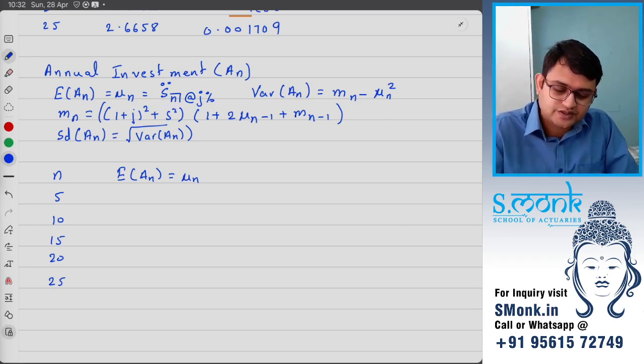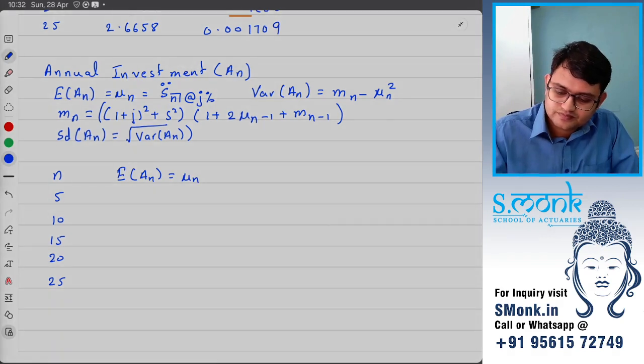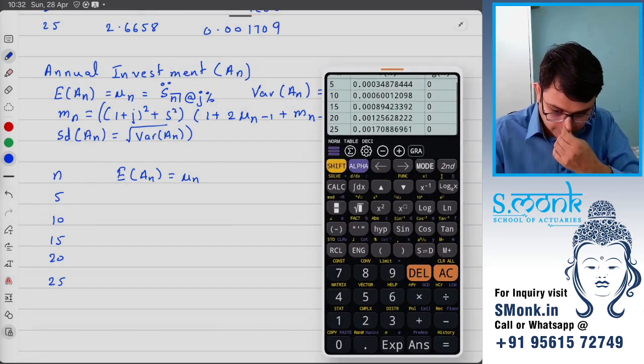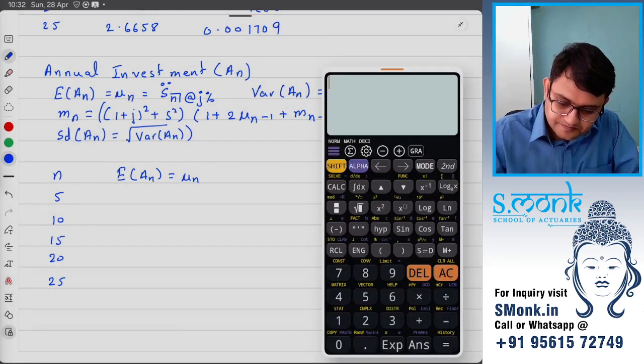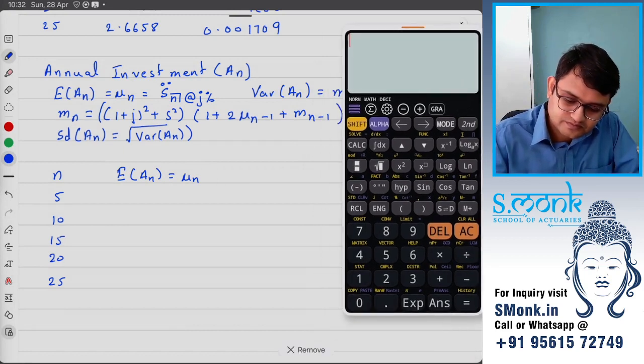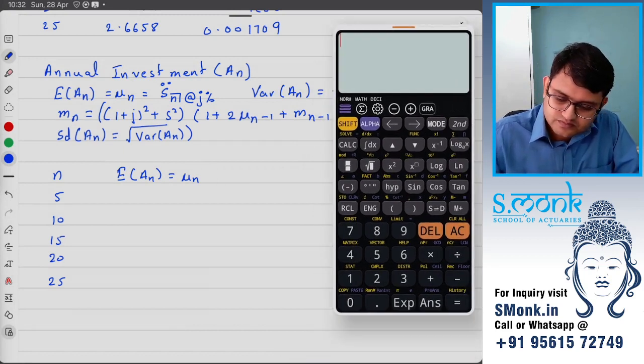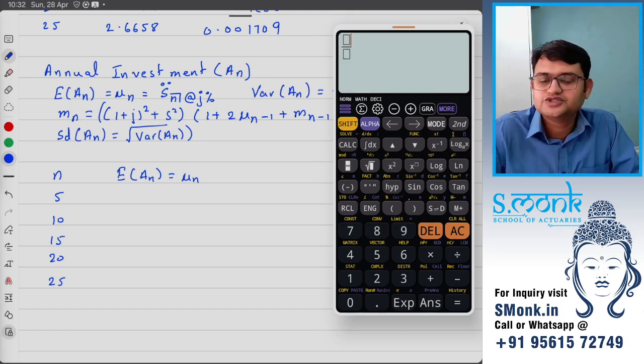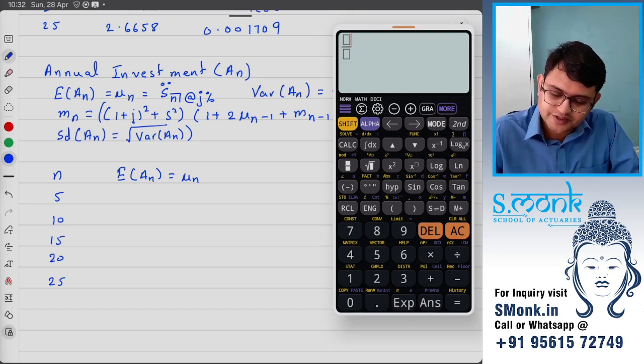It is S double-dot n at the rate j%. j is 4%.